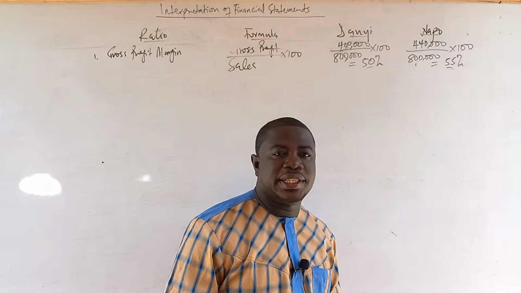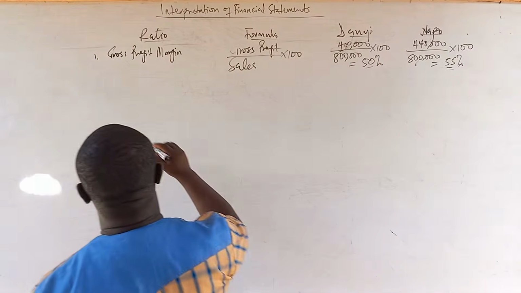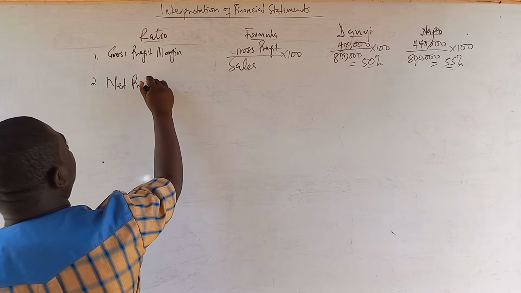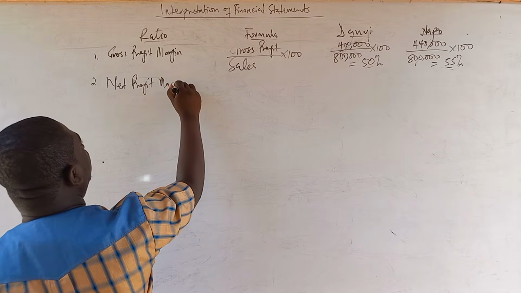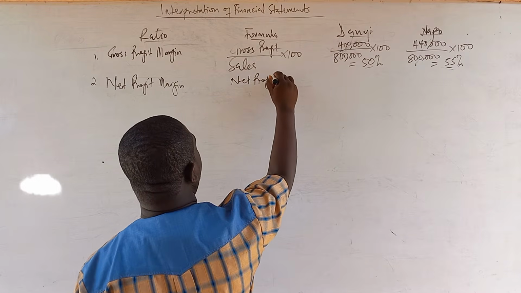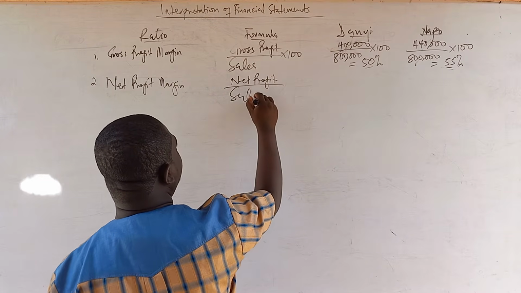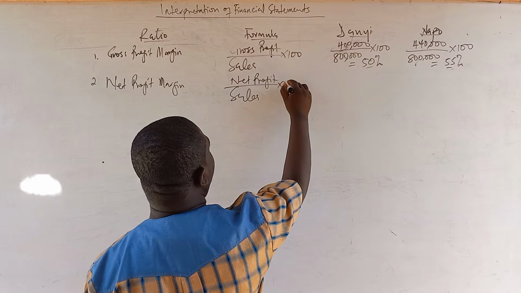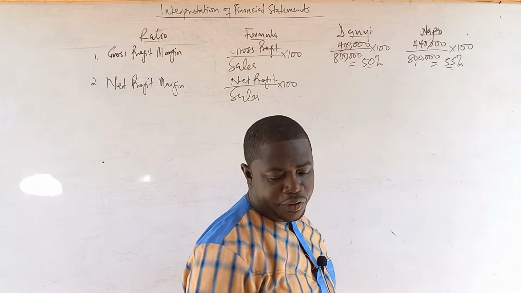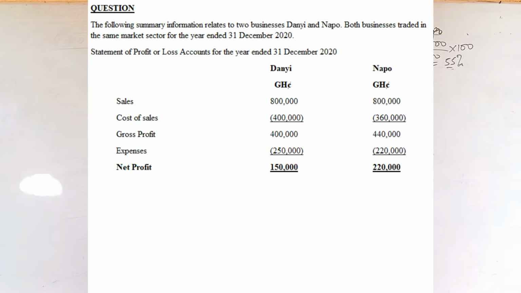Okay. So, the next ratio to look at is the net profit margin. And then the formula is your net profit over sales times 100. So once we've quoted the formula, we look for Danny. Now, from the question, Danny's net profit is 150,000.